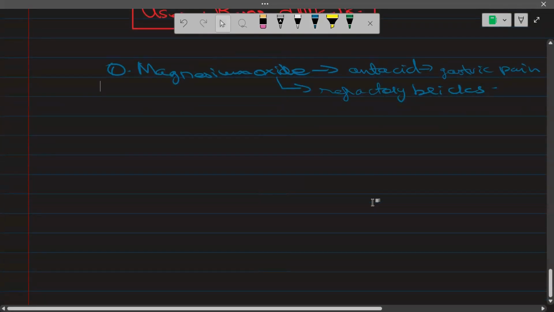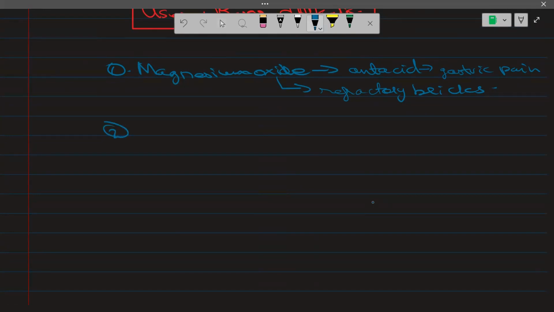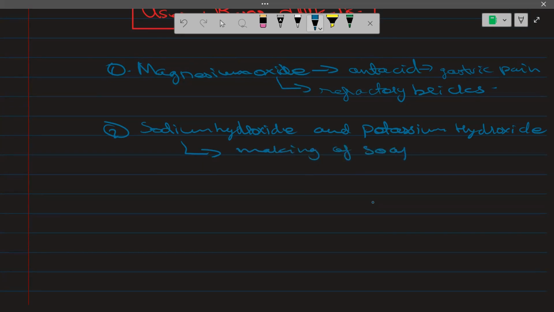Now let's go on to the second use, which is in the preparation of soap. What is used in the preparation of soap? Sodium hydroxide and potassium hydroxide are used in making soap.